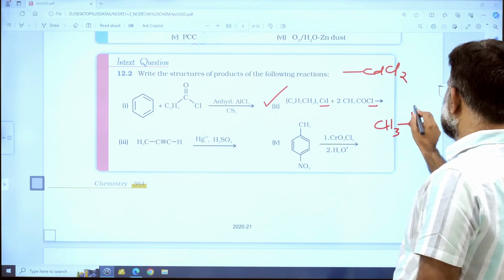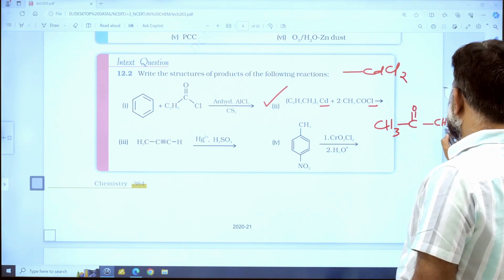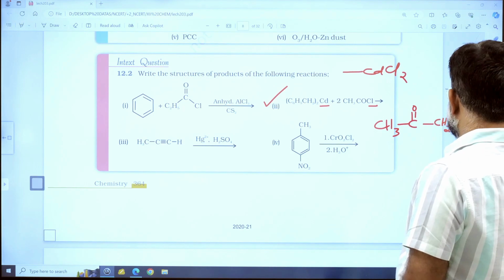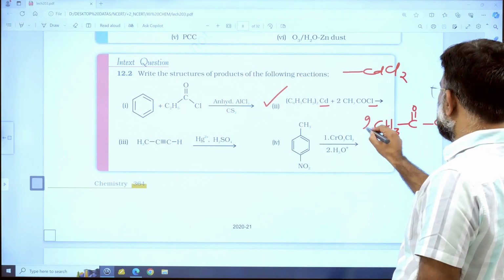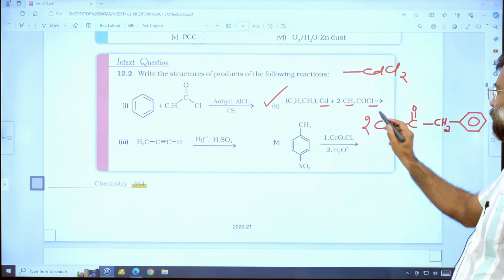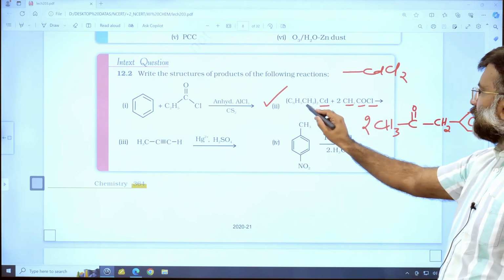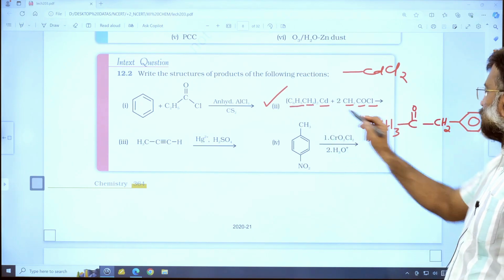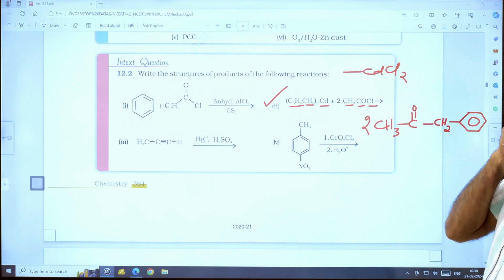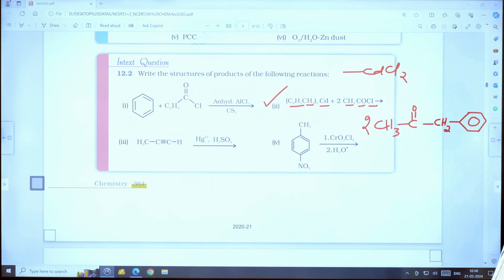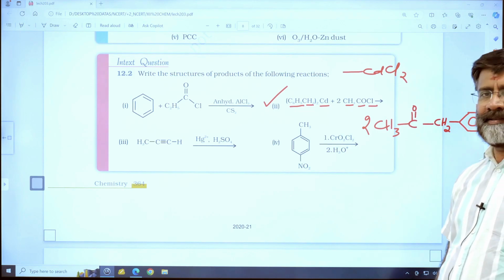CH3COCH2C6H5, two molecules. You get this, right?